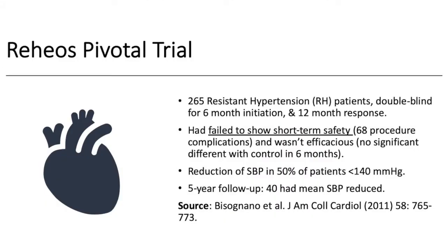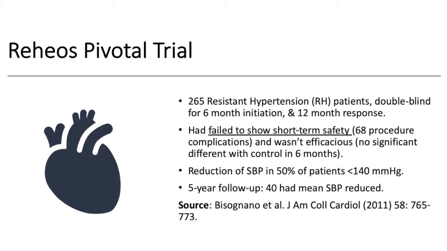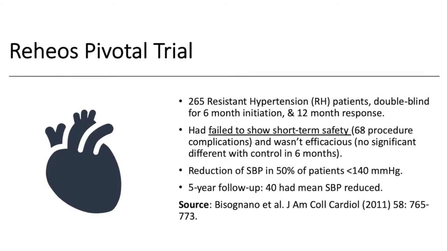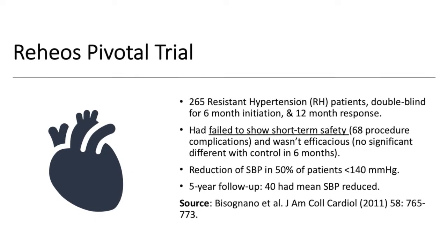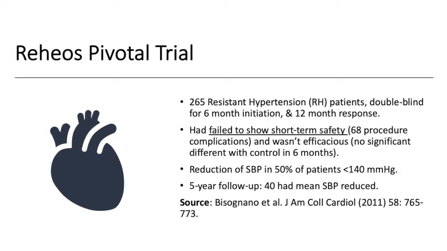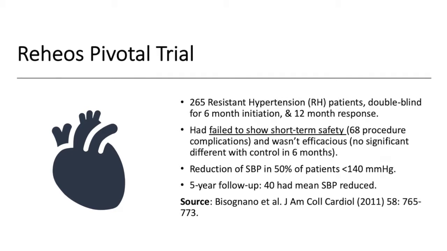The Rheos pivotal trial was the next subsequent trial, which had 265 resistant hypertension patients, and they were placed in a double-blind experiment for 6 months initiation and 12 months response.